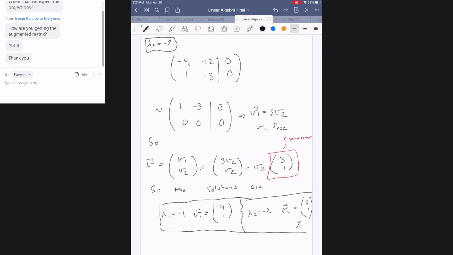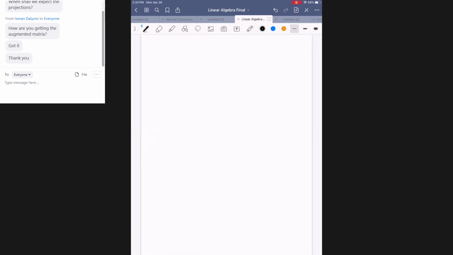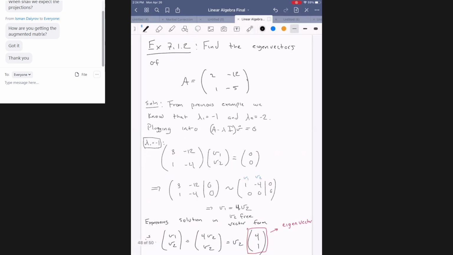Now let's talk about a few more things, some nice things that you might want to see. By the way, this was a 2x2. You guys know how to take the determinant of a 3x3, I hope.